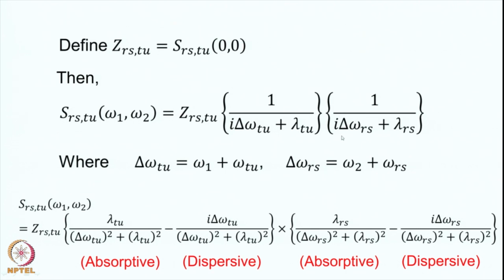Similarly, for the term along the T2 axis, you get lambda Rs divided by delta omega Rs square plus lambda Rs square, minus i delta omega Rs divided by delta omega Rs square plus lambda Rs square.